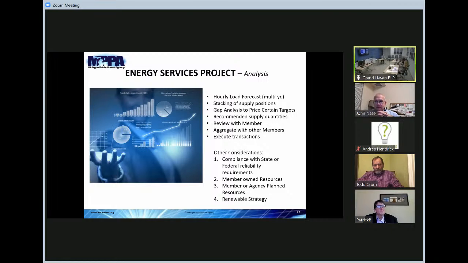So again, this is not a type of analysis that your local utility can just do at a public meeting and just sit around and talk about the pros and cons. This is something that requires some pretty sophisticated heft. I've seen some of these analyses, and they're tough to explain to people.